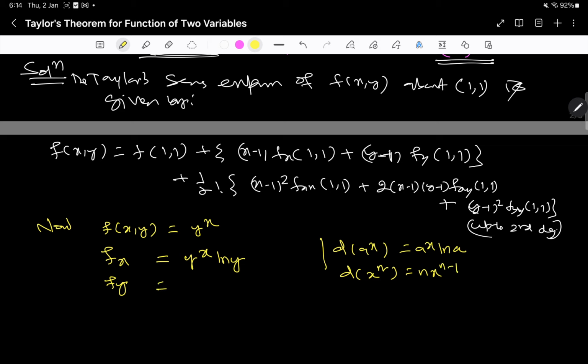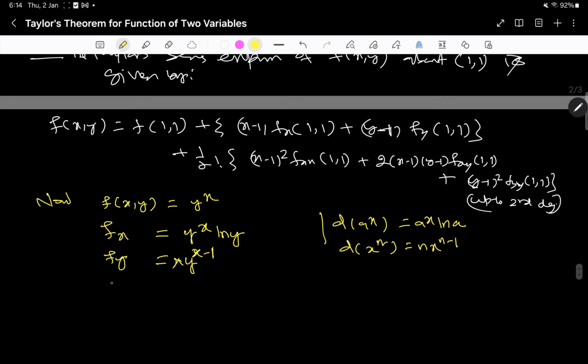Here x is constant, so it is x into y to the power x minus 1. Now similarly we find fxx, fyy and fxy.